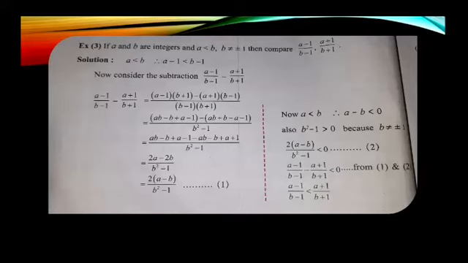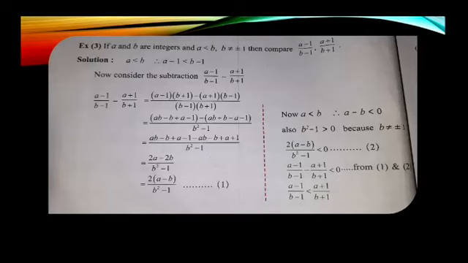Multiplying the binomials, (a minus 1)(b plus 1), we get ab minus b plus a minus 1, minus, multiplying a plus 1 and b minus 1, we get ab plus a minus b minus 1, upon b square minus 1.